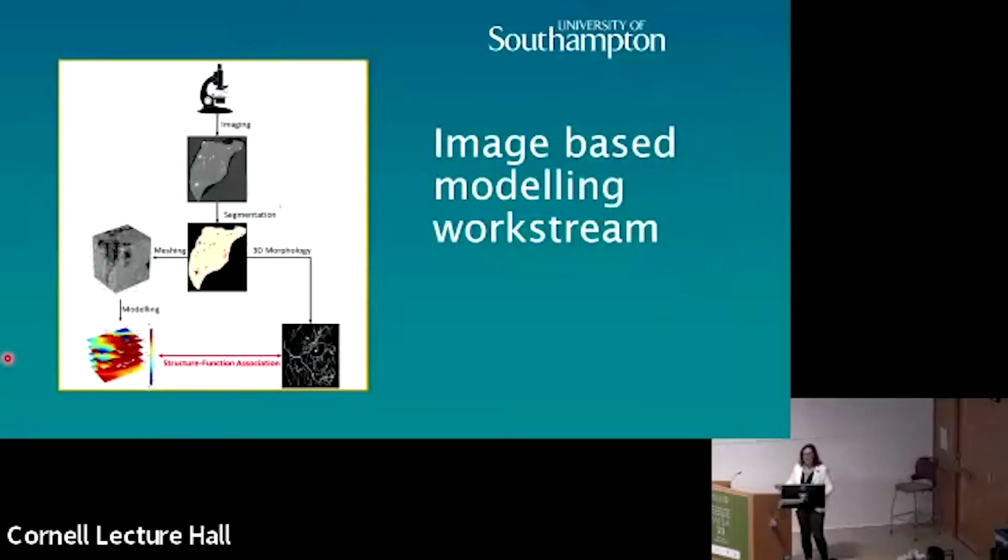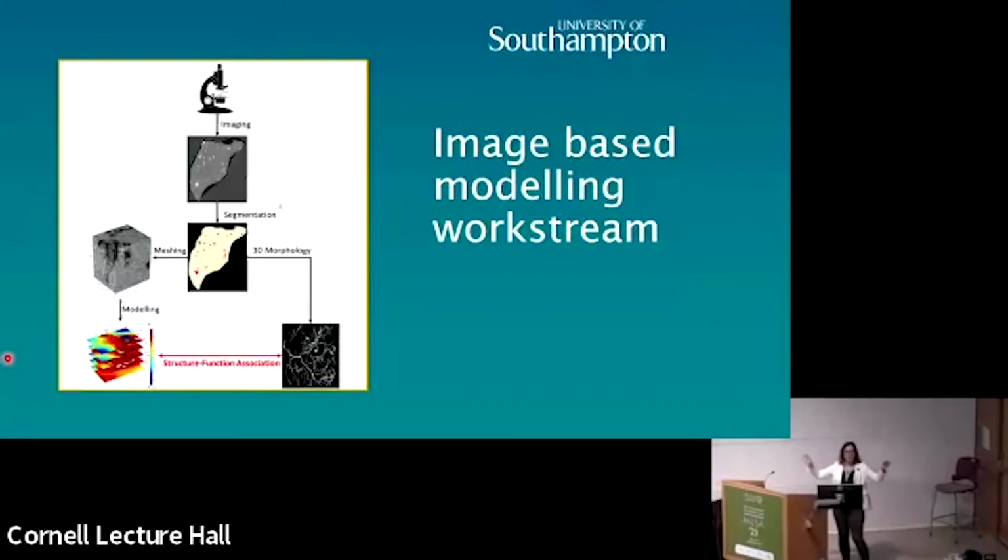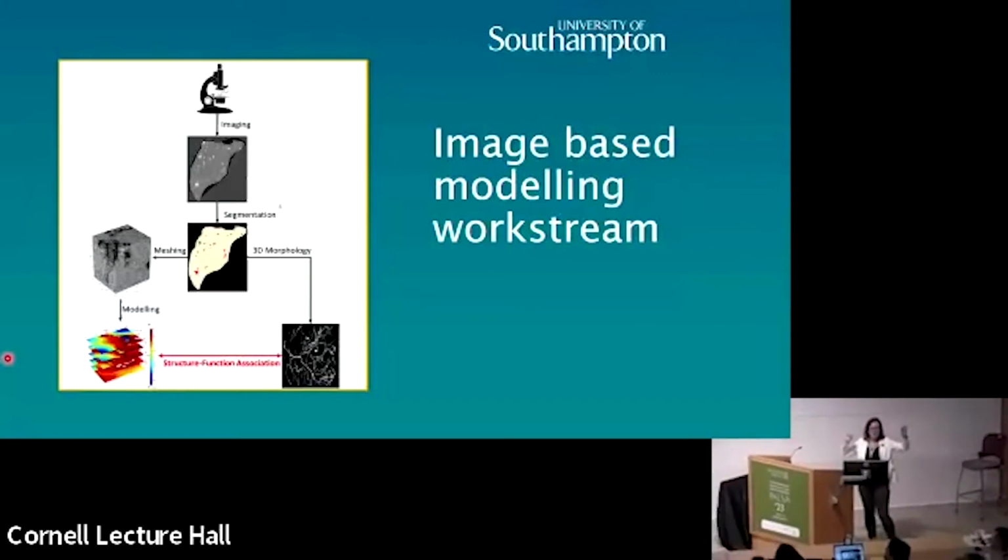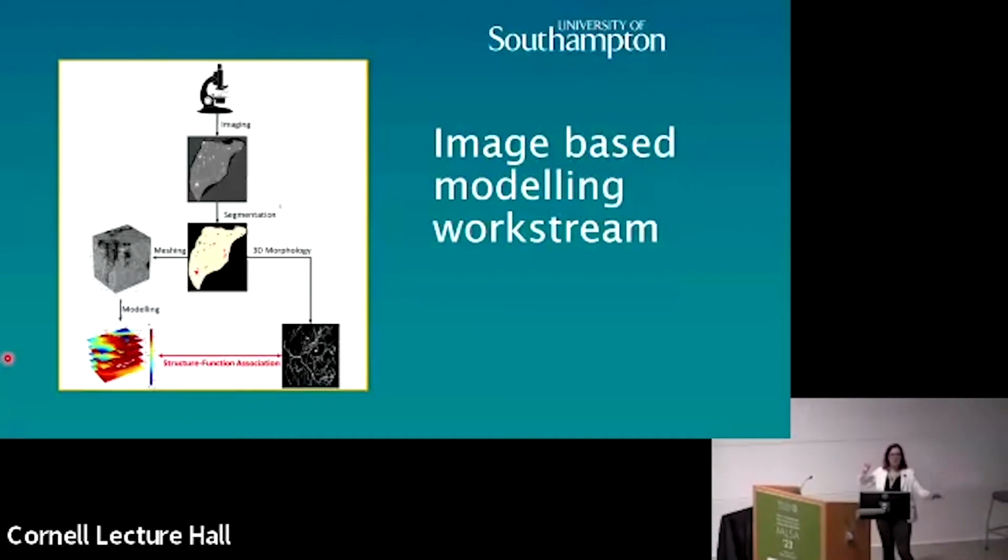The other way of looking at that image-based stack is inspired from biomedical sciences. Again, you're imaging, you're segmenting, but then you take a two-pronged approach to modeling. One is image-based meshing and doing very detailed mathematical modeling. Now, in a practical situation, you can't do that because it's very labor-intensive and computation-intensive.